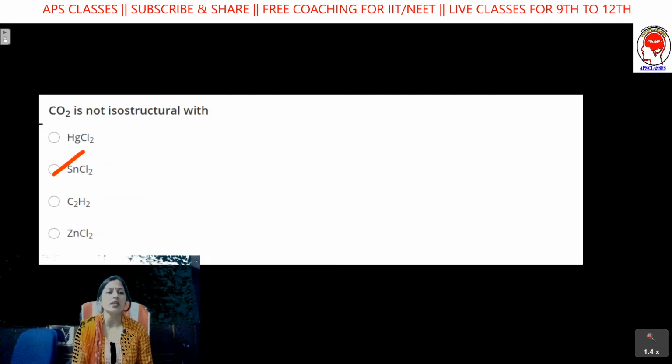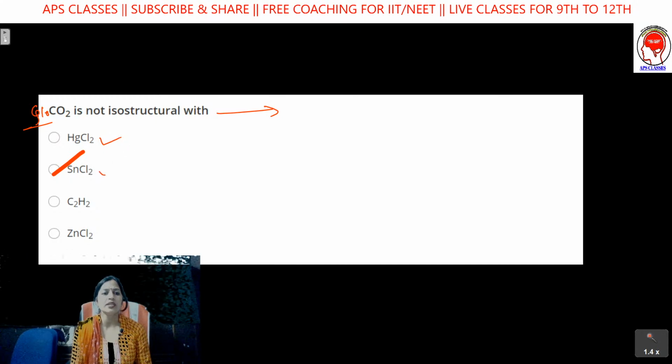Next is your question number 10, and your question number 10 is: CO2 is not isostructural with. Options are HgCl2, SnCl2, C2H2, and ZnCl2.